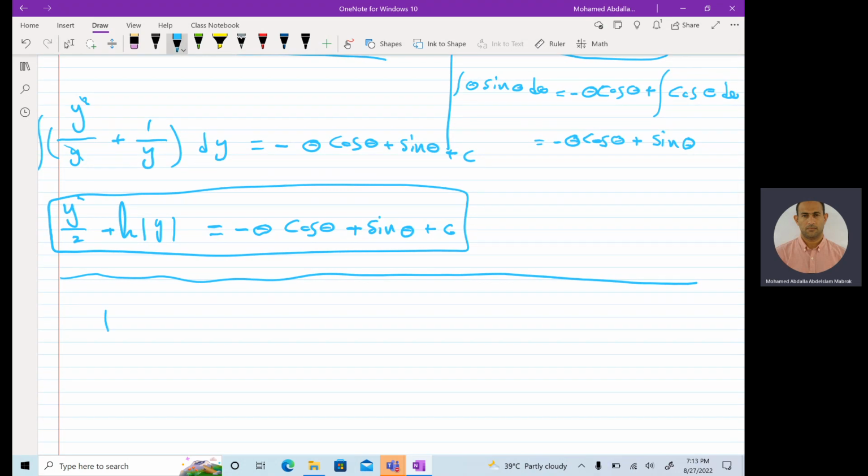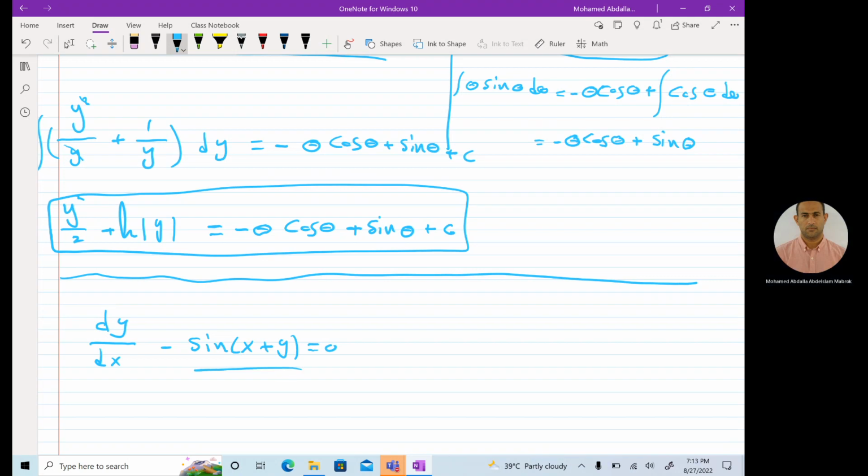So for example, dy by dx minus sine of (x plus y) equals 0. Is this separable or not? Well, it depends. If we can write this as a product, then it's separable. Can we write this as a product?